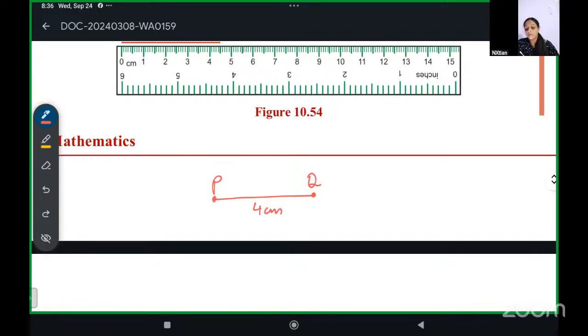This is how you make a line segment using a scale.